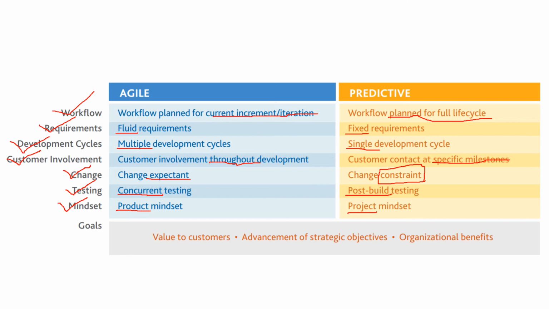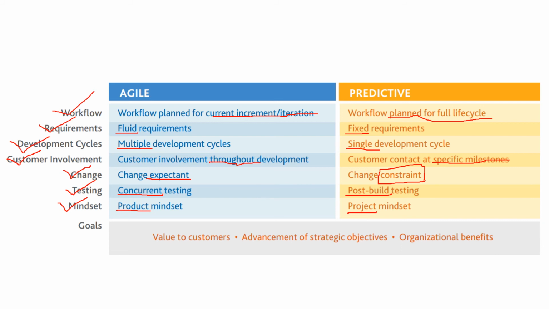When we say that the mindset is oriented towards project, it doesn't mean that we don't really care about the product. All we care about is the project. That is not how it is, right? So of course product is also of utmost importance when we talk about the predictive model, but all the efforts are made to make sure that the project is completed on time, within budget, delivers the quality, meets the business objectives, right? So the mindset could be project oriented, while in agile the mindset is totally product oriented, right?